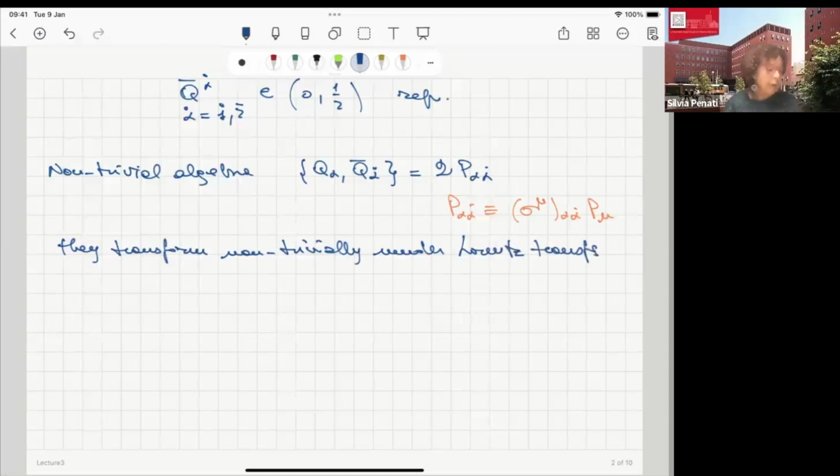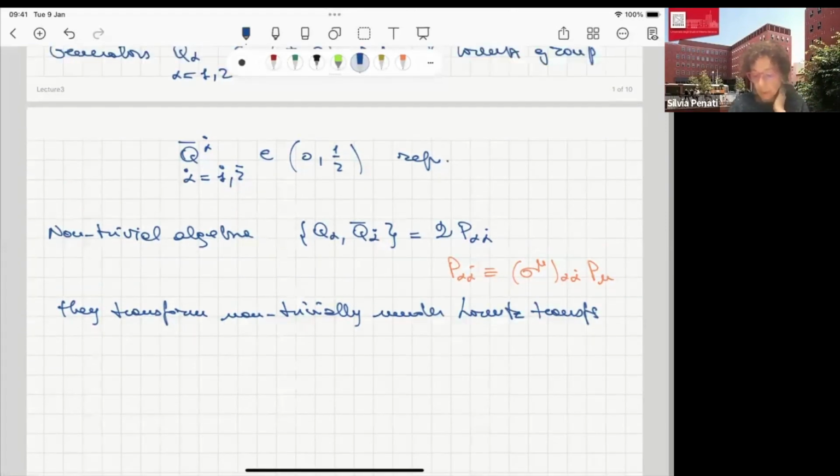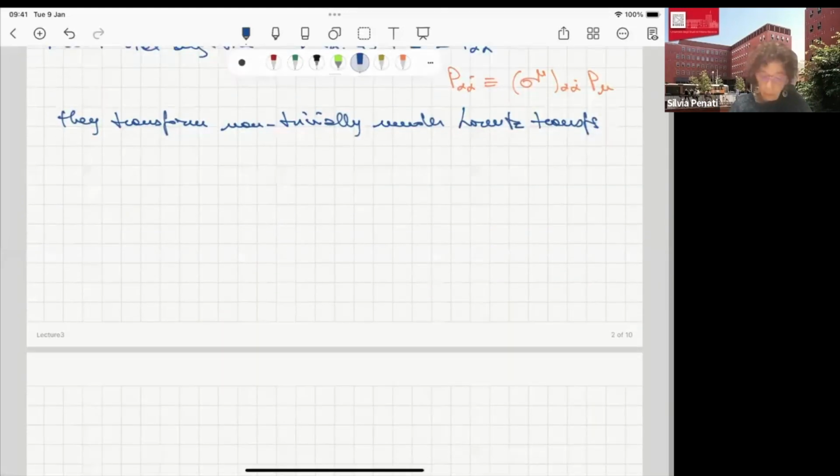Therefore, if we collect everything together, we can eventually write an algebra for generators, which include these new generators Q and Q bar, that from now on will be called supercharges or supersymmetry generators, plus generators of Lorentz and generators of Poincare translations. So in total, basically Poincare.